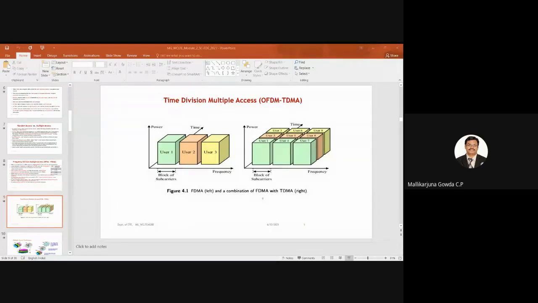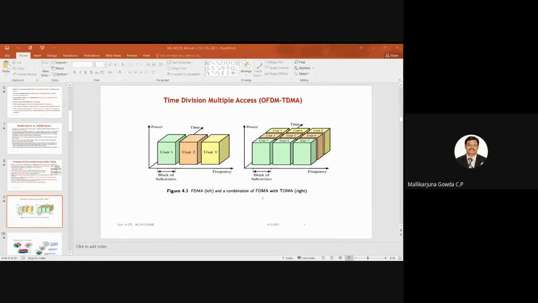So what is the difference? User one will be talking over the entire time by using a block of subcarriers, and each user will have a different block of subcarriers, but time is the same. But in case of OFDM TDMA, what we understand from this diagram is that both frequency and time are shared.